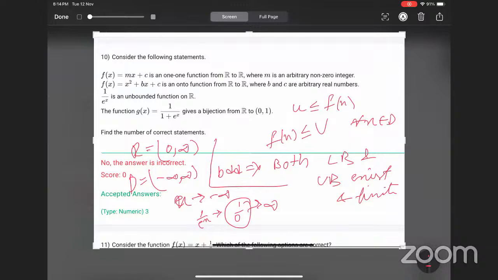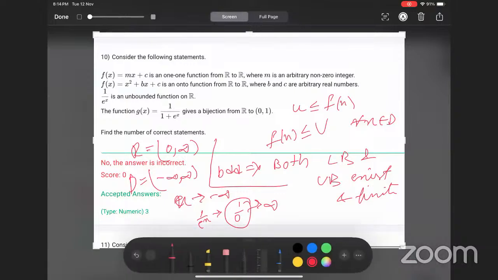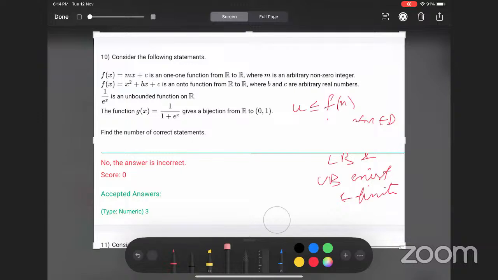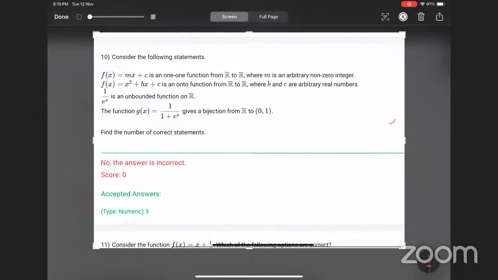And what about the last statement? Is it bijective? I'm not able to figure it out, ma'am.